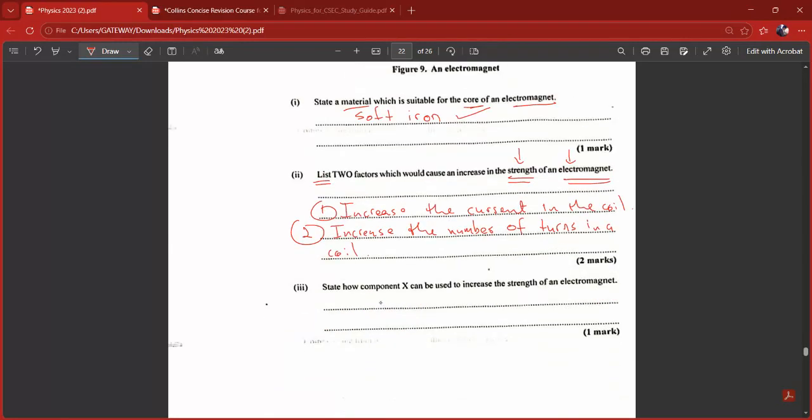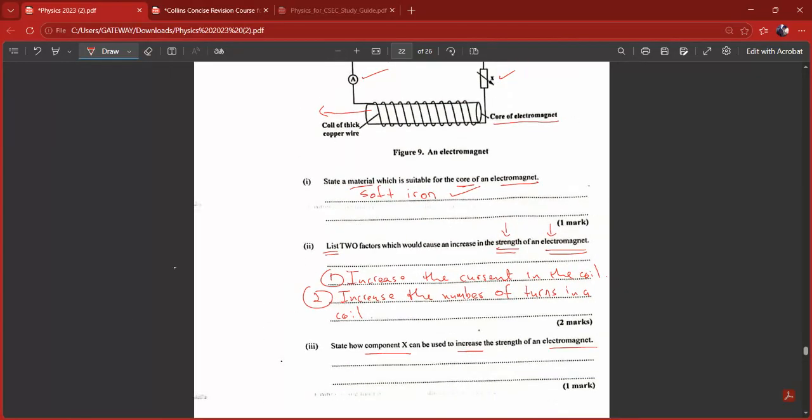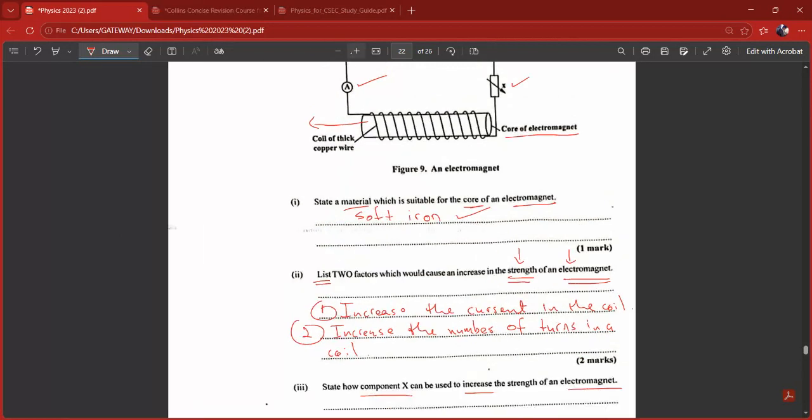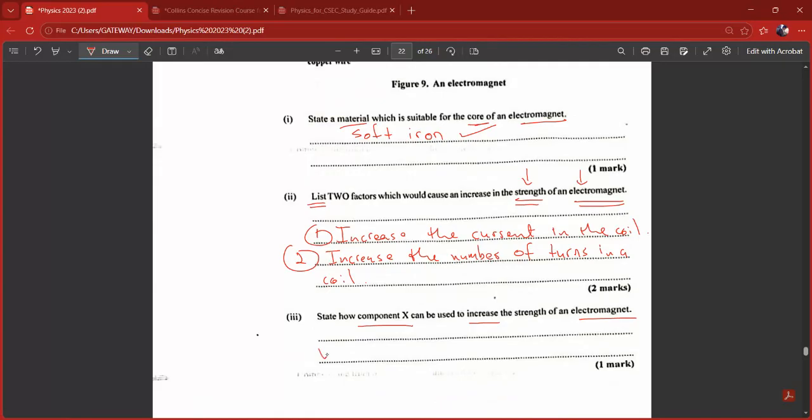States how component X can be used to increase the strength of an electromagnet. Well, as I said, the rheostat is used to manipulate the current or to change the current in the circuit. So recall the formula from Ohm's law. V is equal to IR.